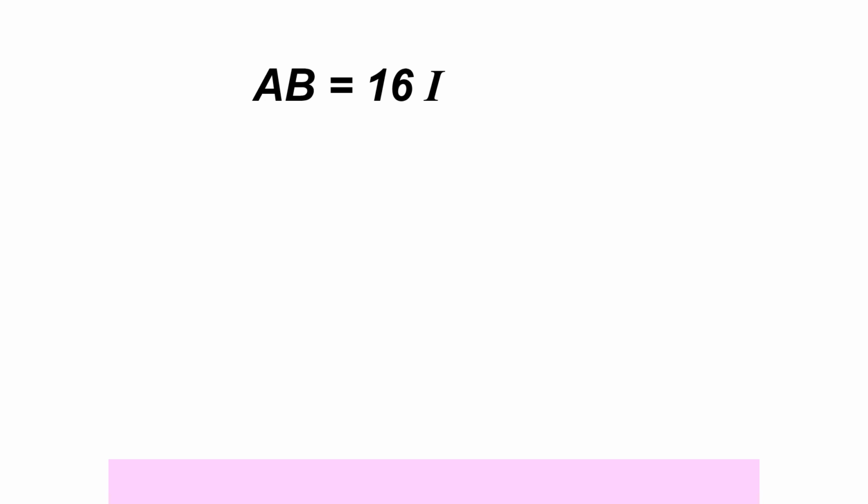So if matrix A multiplied by matrix B gives 16I, I want to change it into the inverse matrix of A. I have to multiply both sides with the inverse matrix of A, and then the inverse matrix of A equals 1 over 16 B.